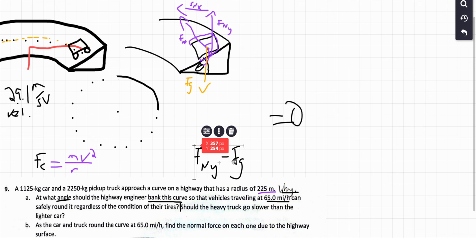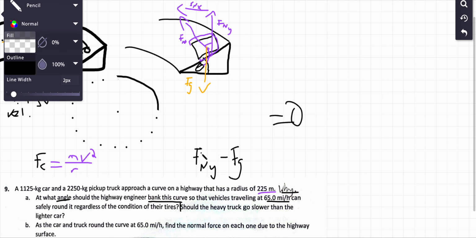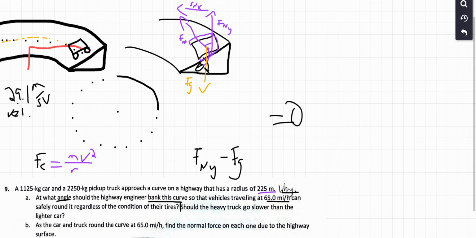Let me just move this. We can rewrite our normal force in y as our normal force times cosine theta, because cosine is adjacent over hypotenuse. So cosine times hypotenuse gets you adjacent. Who knew? So normal force times cosine of our mysterious angle theta minus our mass times gravity, because that's what your force of gravity is.